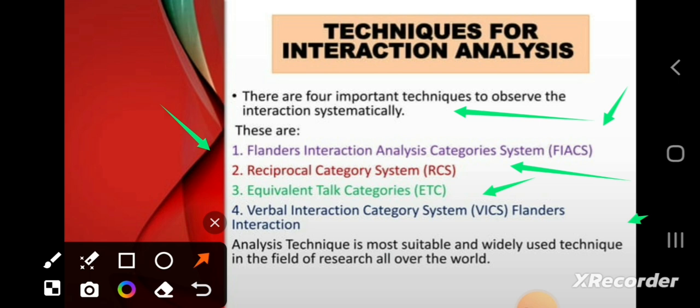Flanders interaction analysis category system is the most widely used and researched. It is valued for its structured approach and ability to provide detailed insight into various aspects of classroom interaction.